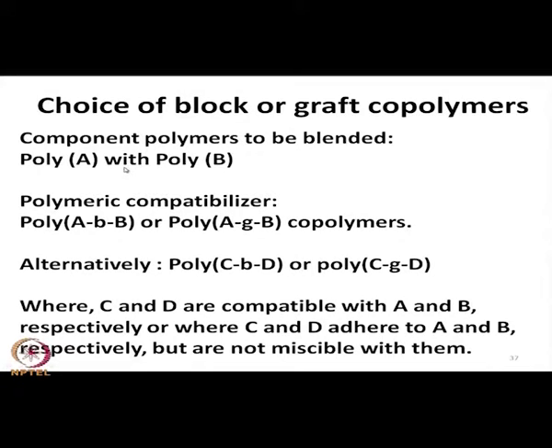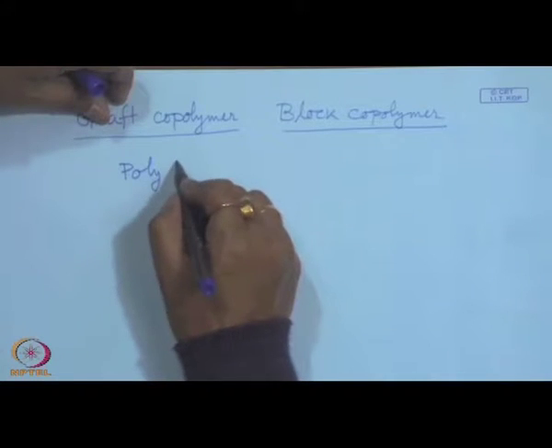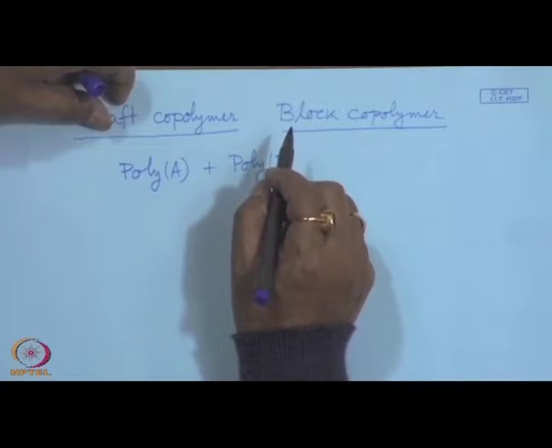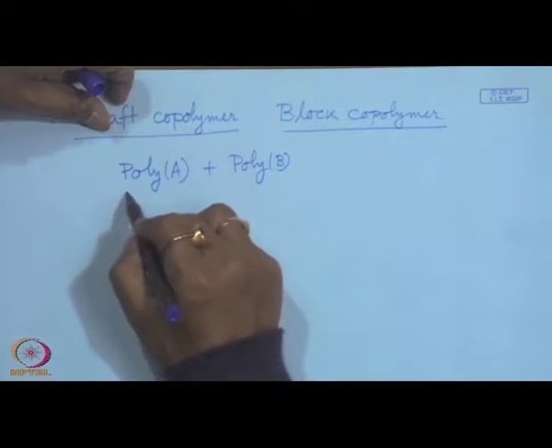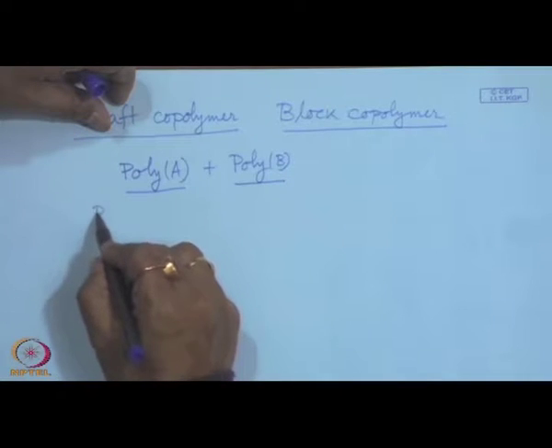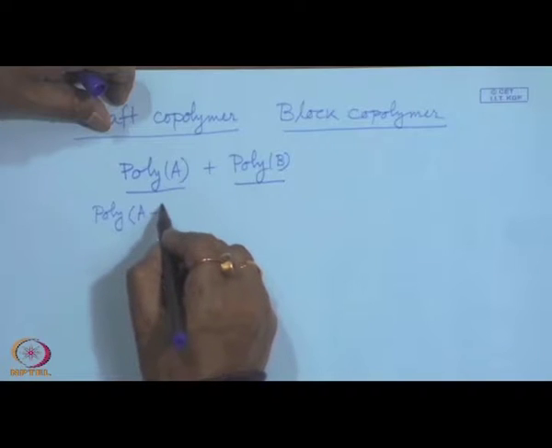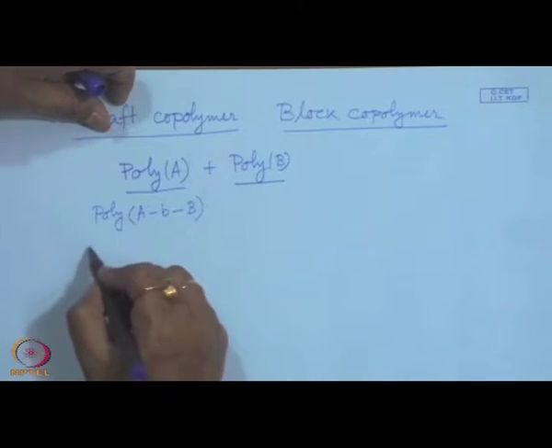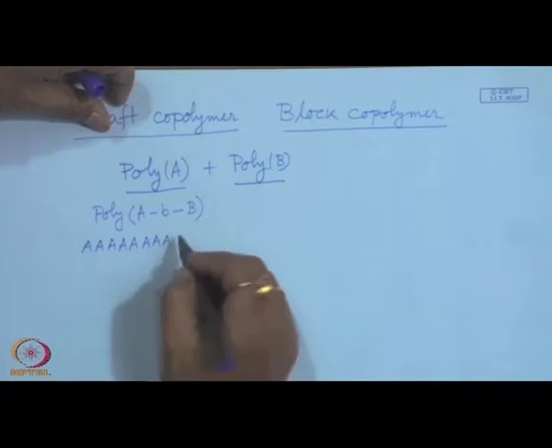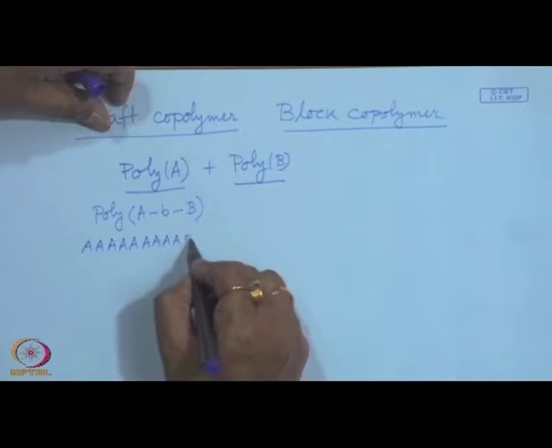Let us look into some specific examples. Say for example, the component polymers to be blended may be designated as polymer A to be blended with polymer B. For compatibilizing these two polymers, we have to choose a polymeric compatibilizer of this form, poly A block B. That means you can have a polymer having a block of A monomer followed by a block of B monomer.